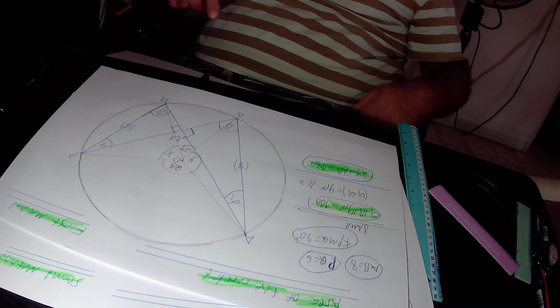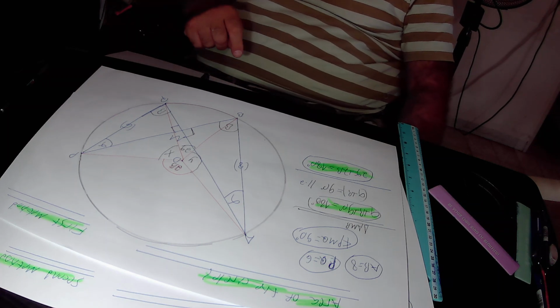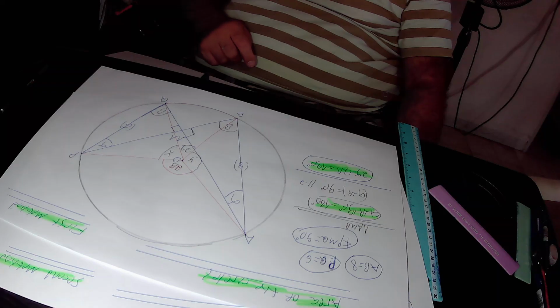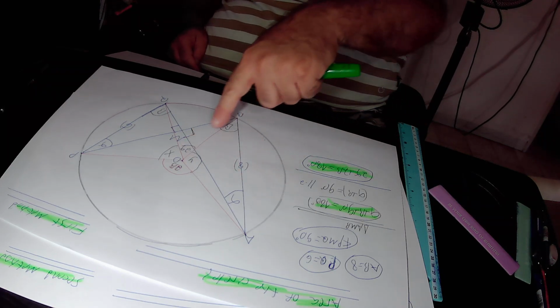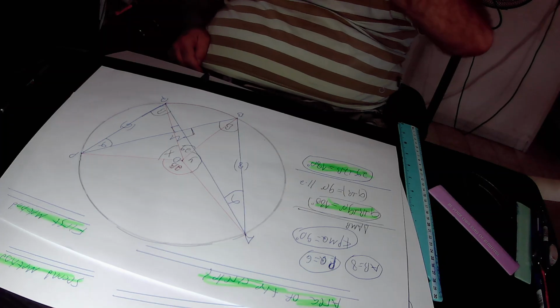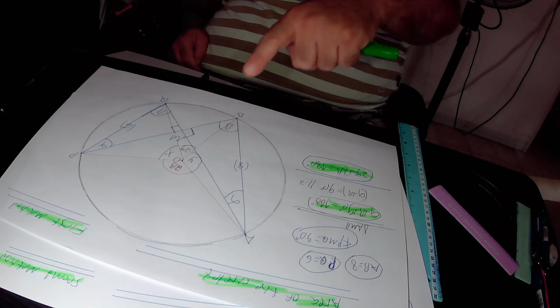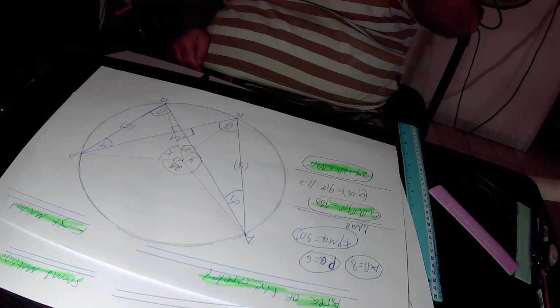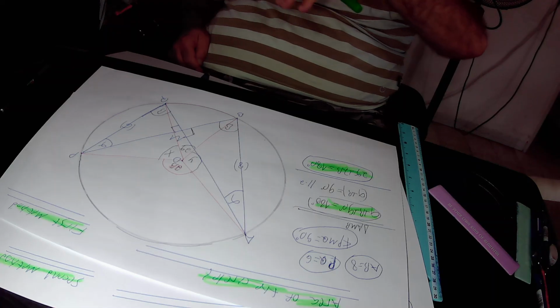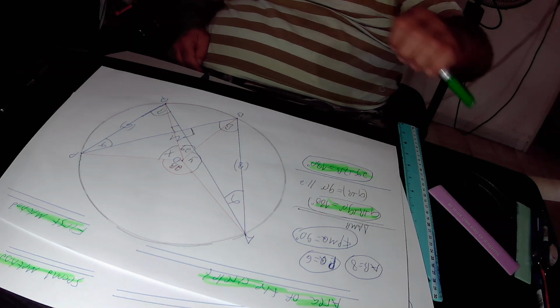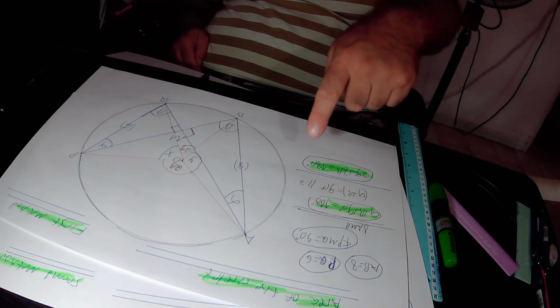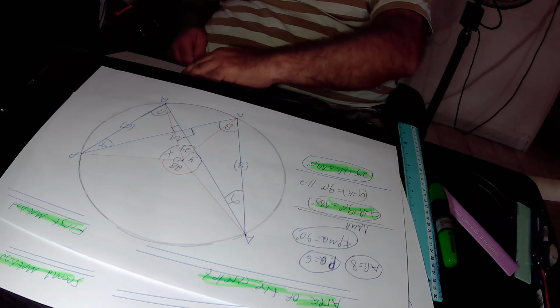So I'll copy this circle in a new page, and I'll also copy this triangle AOB in the new circle, and then I will do a construction, and then we'll implement rule 30 in the new drawing.